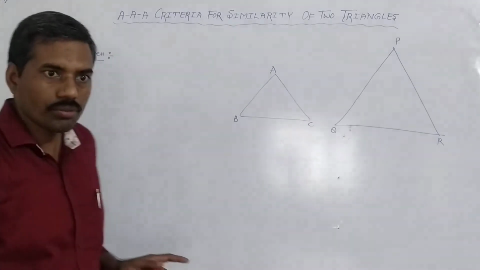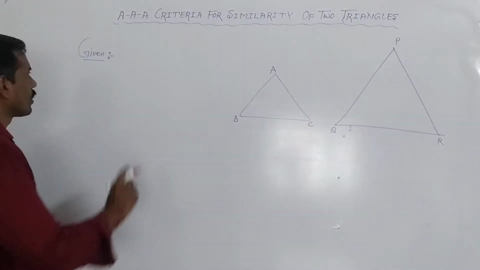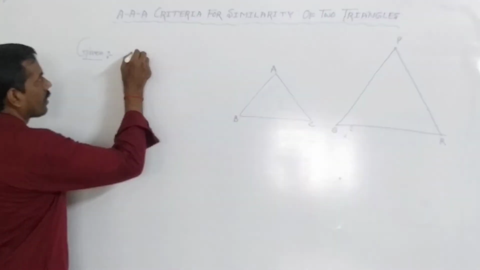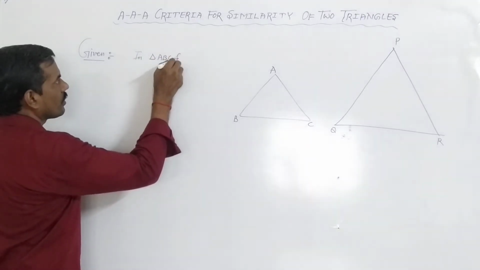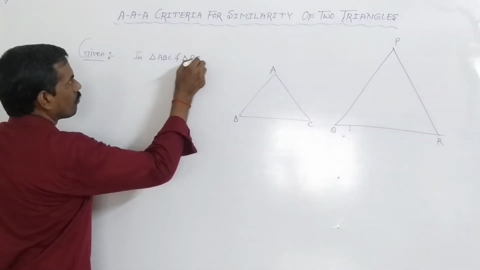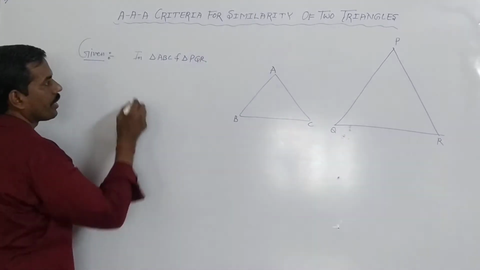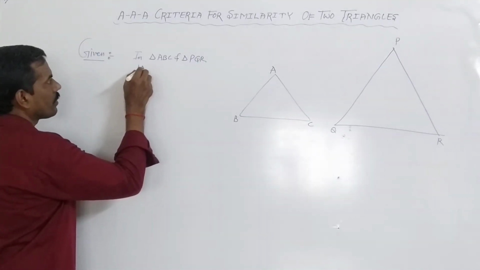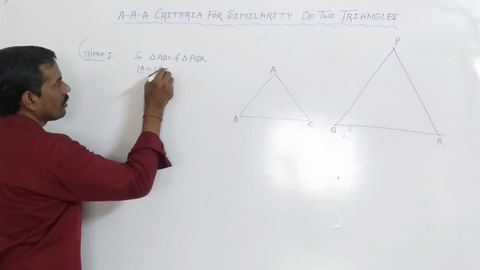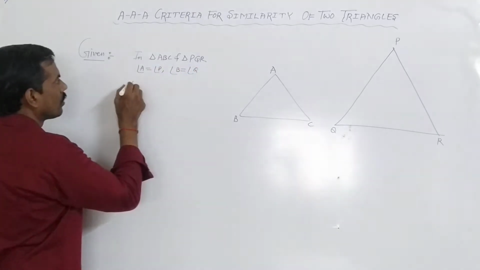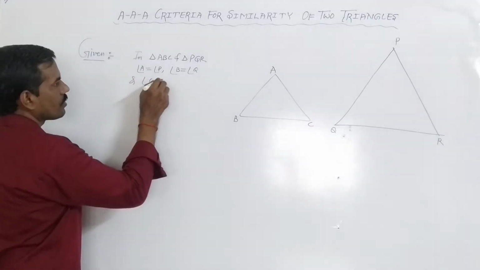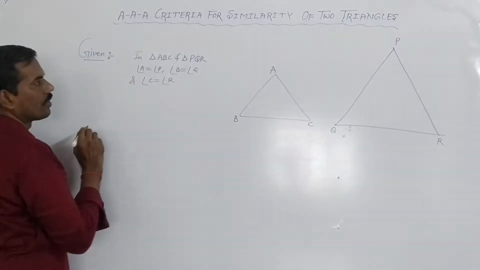So let us write the first point, given: in triangle ABC and in triangle PQR, we have angle A is equal to angle P, angle B is equal to angle Q, and angle C is equal to angle R.